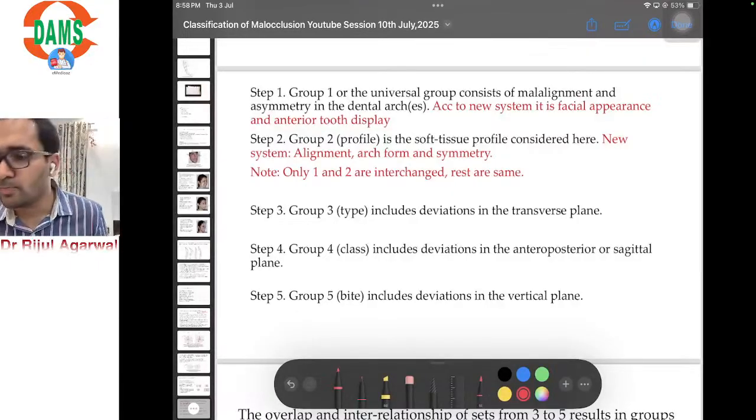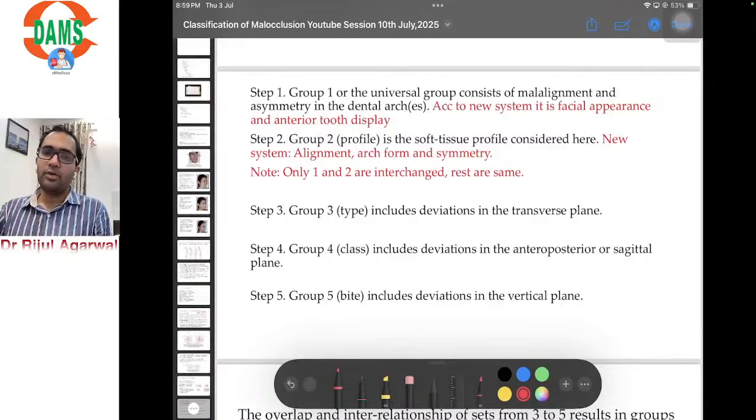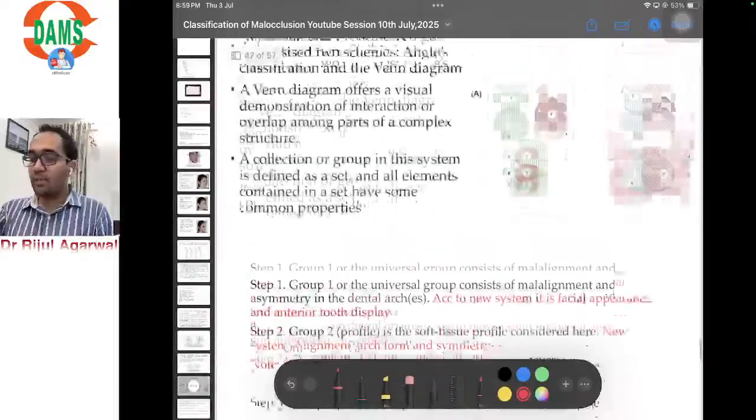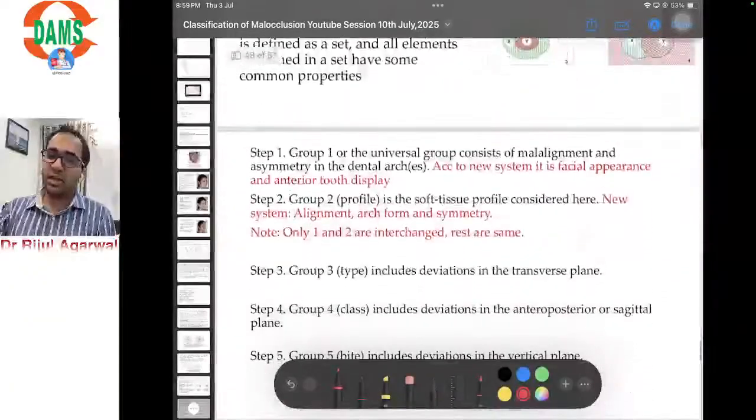Group 1, group 2. As I've repeatedly told you students, earlier there was more emphasis on relating arches or dental relationship and less emphasis on the soft tissue profile of the patient. So when Ackermann and Proffit gave their system in 1969, they classified group 1 as a universal group consisting of alignment and asymmetry of the arches, and group 2 as profile.